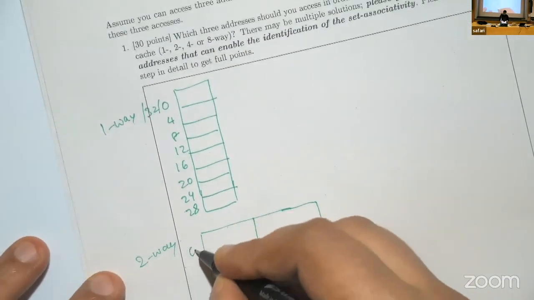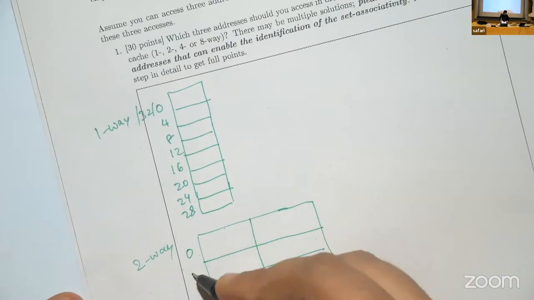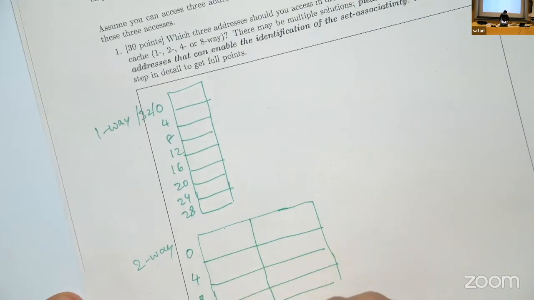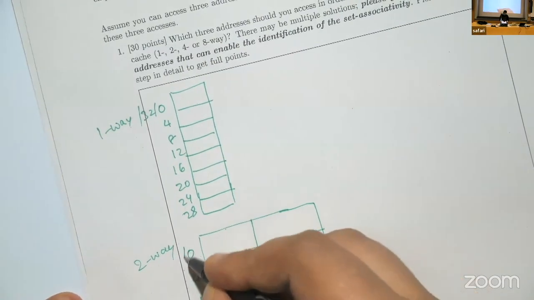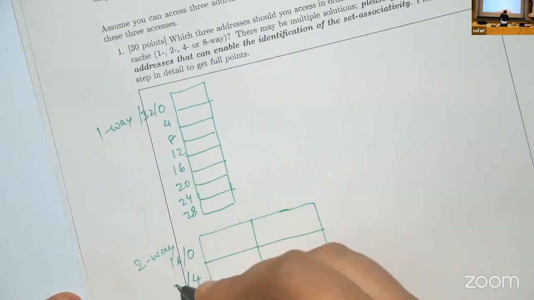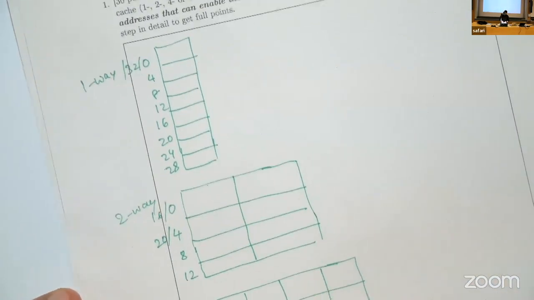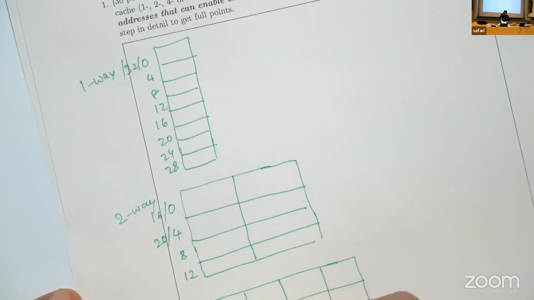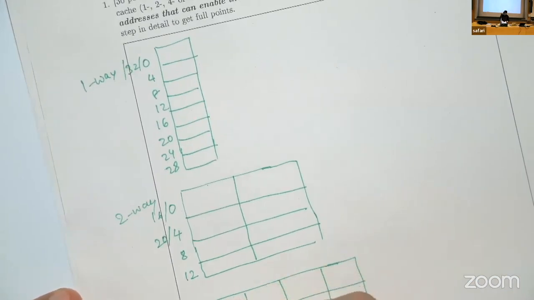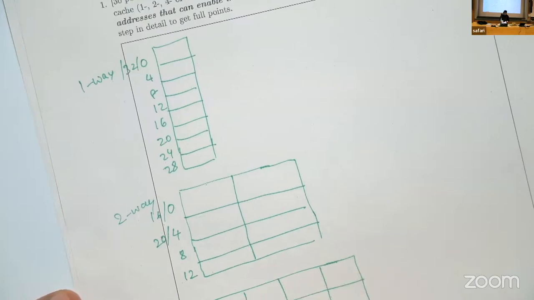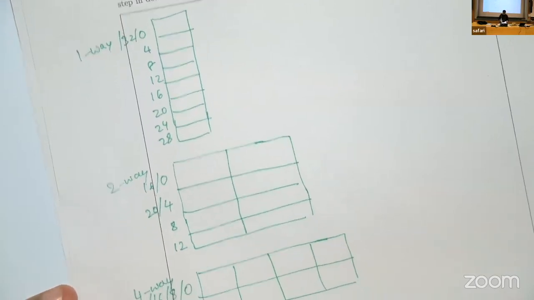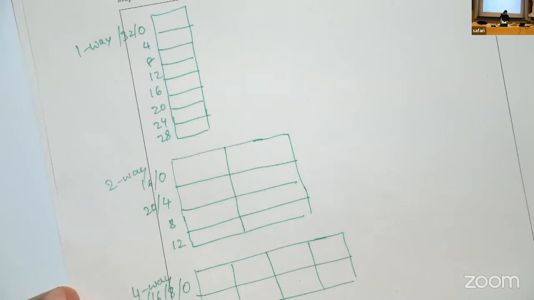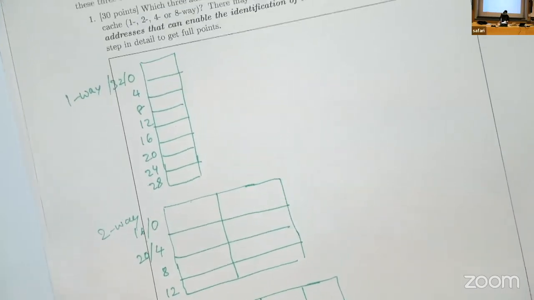In the 2-way case, you can store 0, 4, 8, 12, then 16, 20, and so on. Here you will have 0, 8, 16, 24, 32, like that, and the other byte addresses can be stored in the second set. Here you can store any of the addresses that you can access.